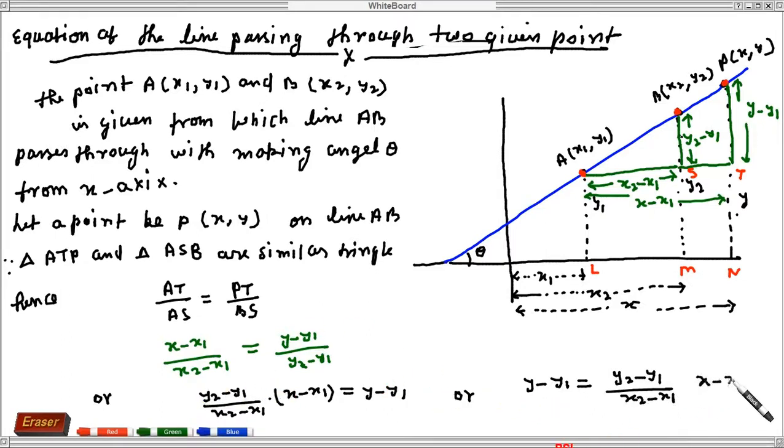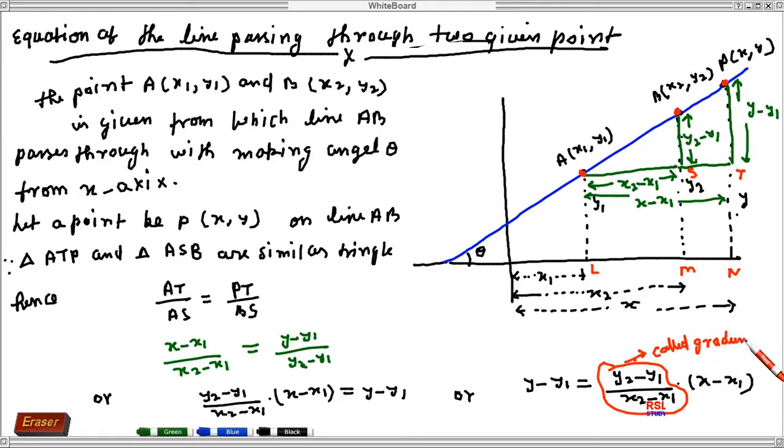Then we can also write y minus y1 equal to y2 minus y1 by x2 minus x1 into x minus x1, and this is called slope or gradient of the line, which is indicated by m.